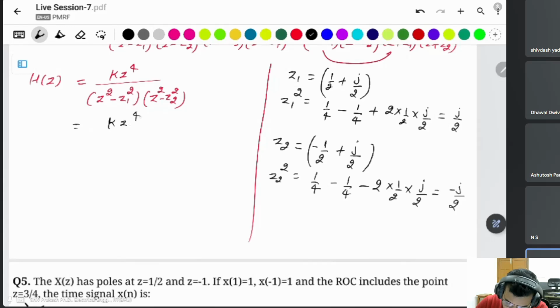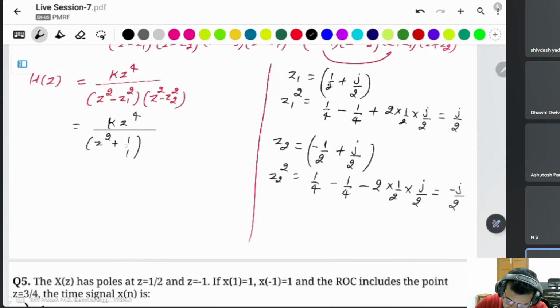K z to power 4 divided by z square minus z1 square. z1 square, it means j by 2.